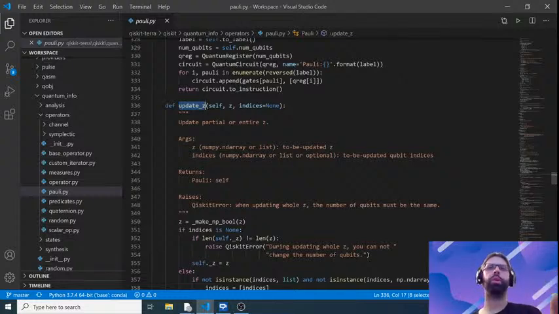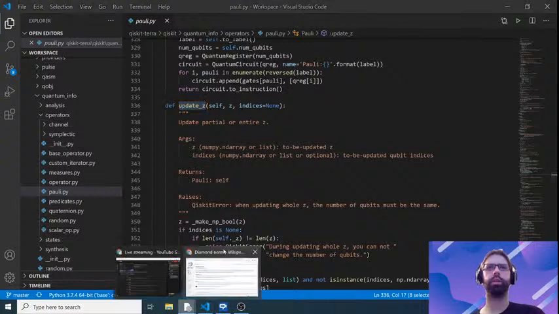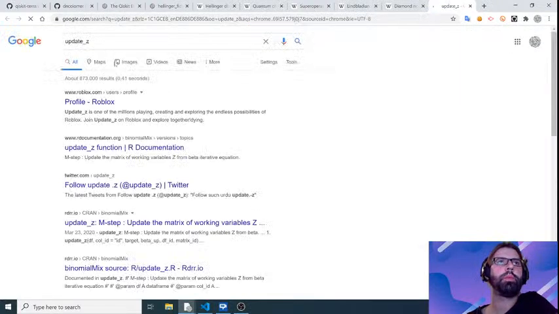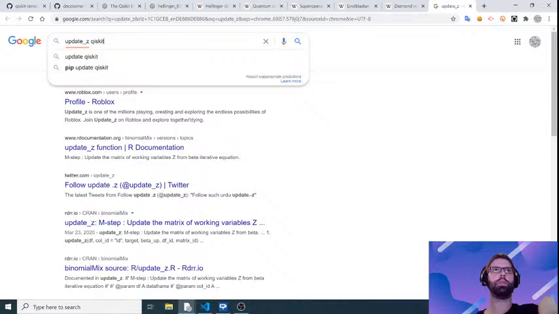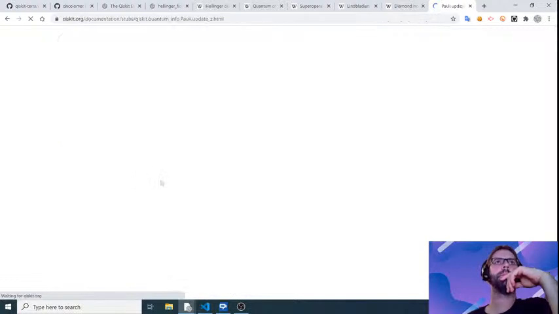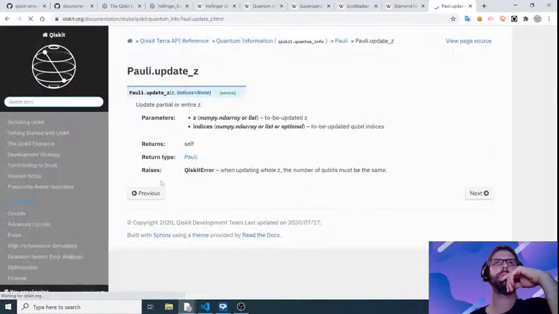What does it mean to update partial or entire Z? Is there documentation for these? Qiskit. No, that's basically generated stuff. Okay, so it's the same that I see in the code.